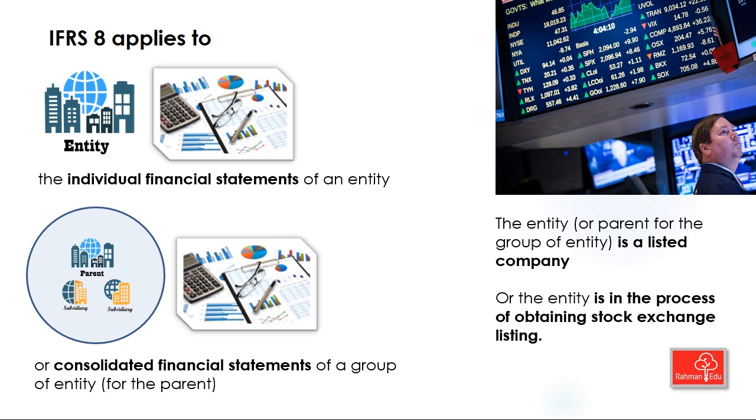That means this is required only for listed companies, or if you are in the process of filing your financial statements with the Securities and Exchange Commission for obtaining a stock exchange listing. In that case, IFRS 8 will be applicable for your entity. Clear?